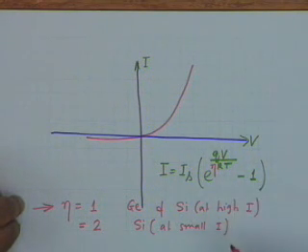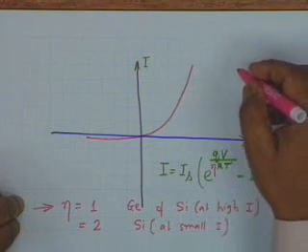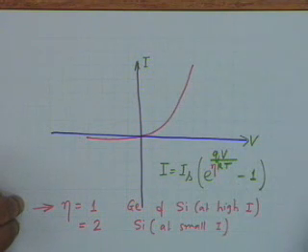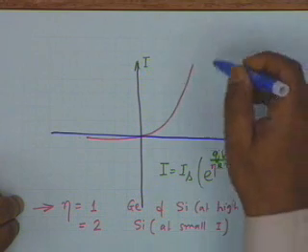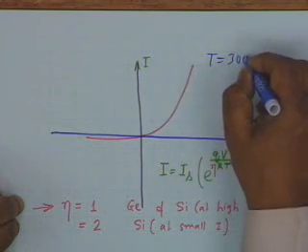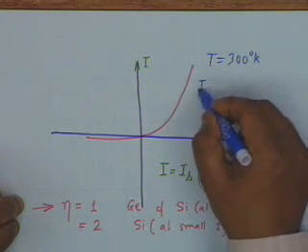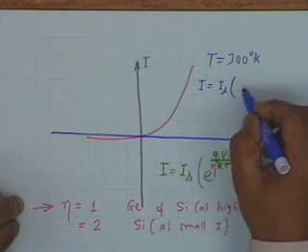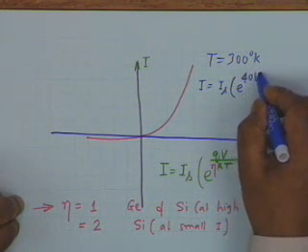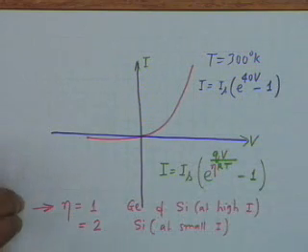We also showed that at room temperature, where capital T is 300 degrees Kelvin, the current can be taken as I = Is (e to the power 40 V, minus 1), where obviously eta has been taken to be equal to 1.